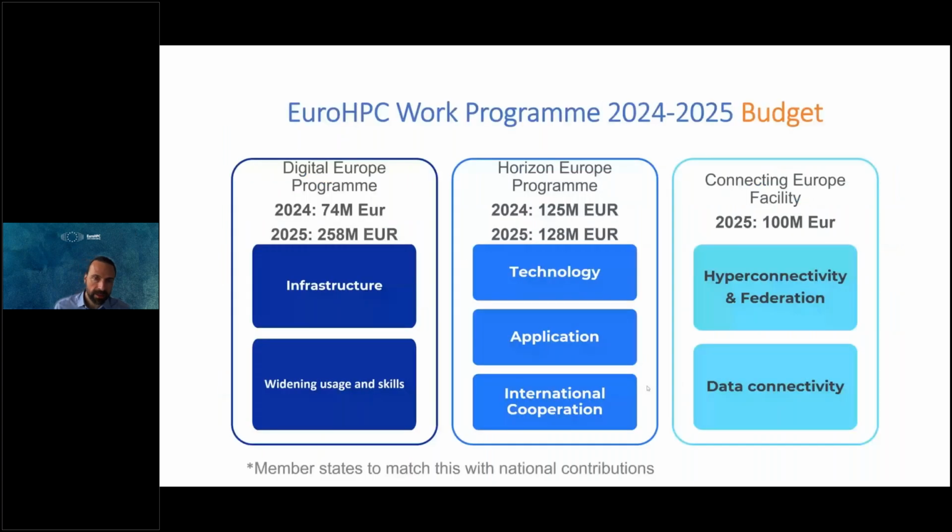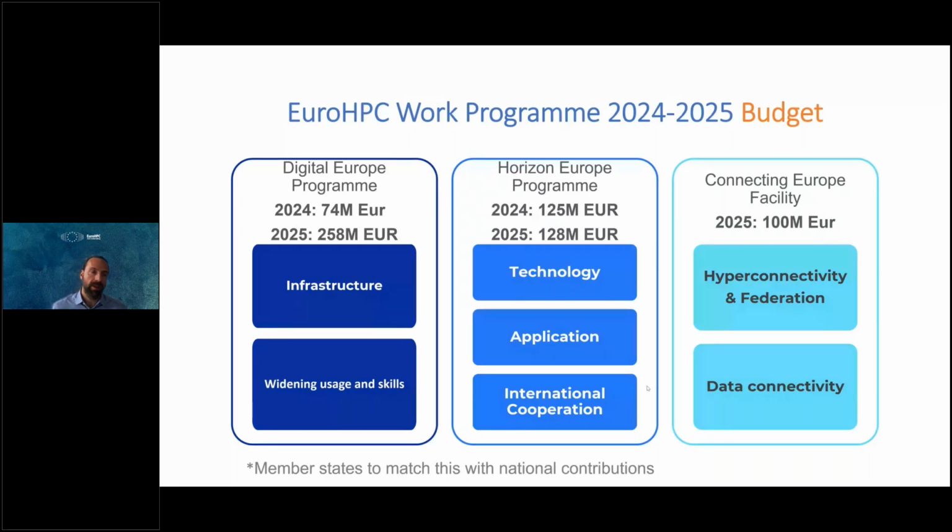The budget. This is, of course, in a way sets a significant part of the scope of our work program in the next year. These are indicative numbers, what we expect in the following years. So as you can see, we will receive significant amount of money, about 125 million euro from the Horizon Europe program in 2024. We expect about the same amount in 2025, whereas from the Digital Europe program funds is less balanced.